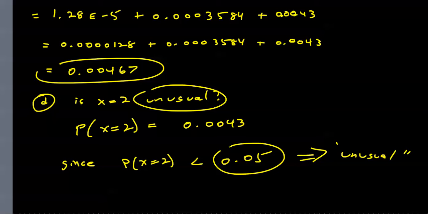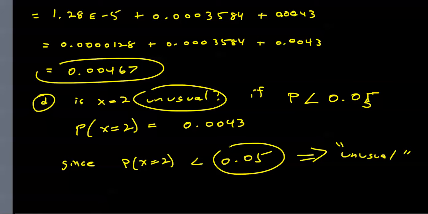Seems somewhat arbitrary perhaps, but as we'll see later in the semester, maybe not as arbitrary as you might think. An event is unusual if the probability is less than 0.05.